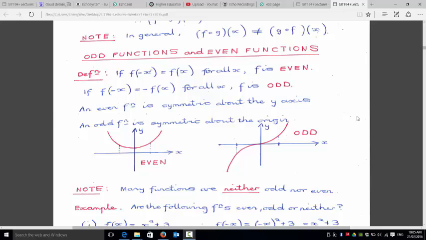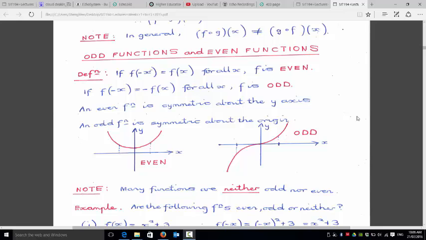How about an odd function? Given a function f(x), if we have f(-x) equal to -f(x) for all x, f will be an odd function.